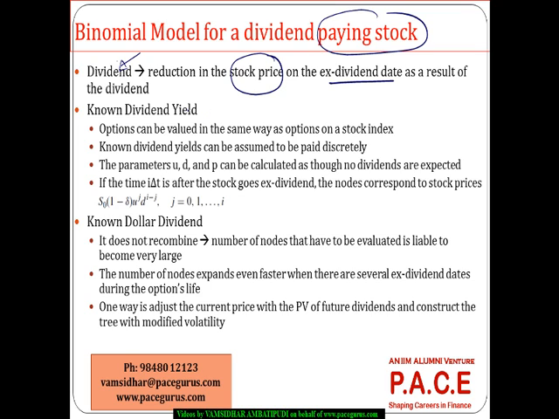So to model it, a few things. If I know the dividend yield, straightforward, do it as good as a stock index. R minus Q times delta T, take the Q as the dividend yield and similarly do the procedure as I have highlighted in the earlier slide.